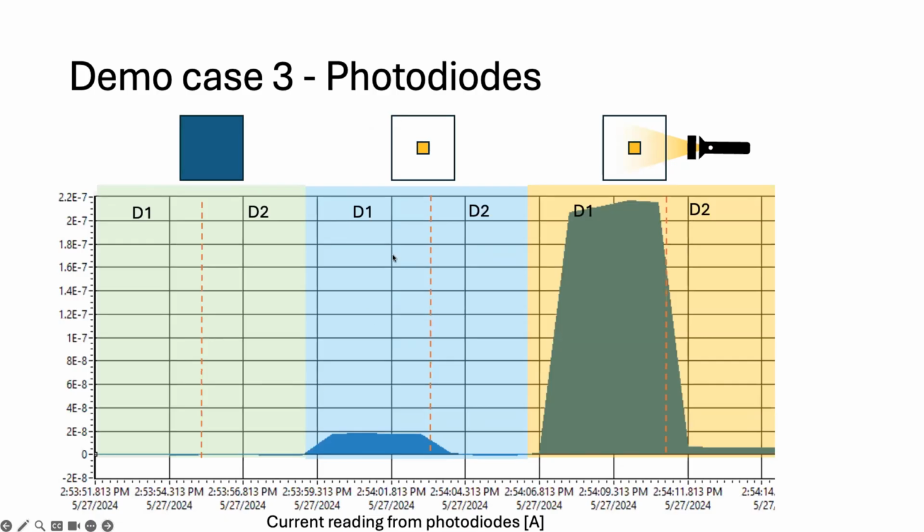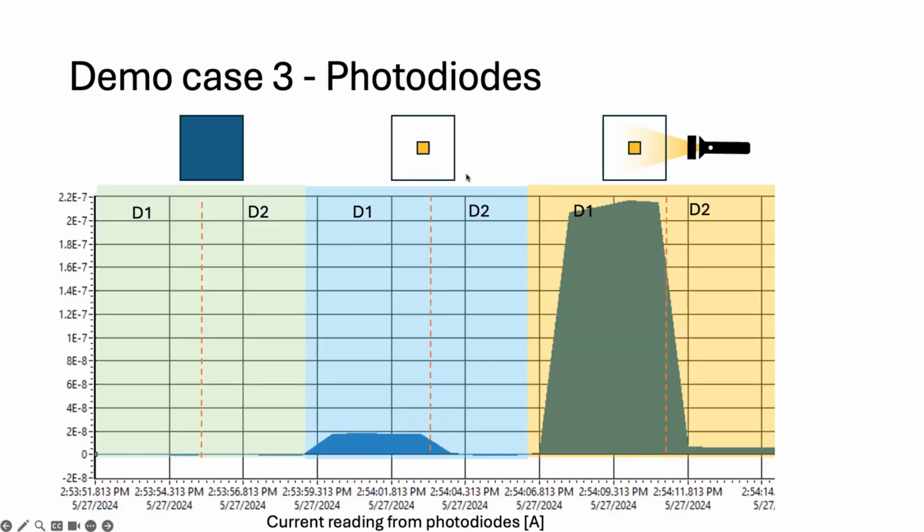Let's see the results. So here you can see the photocurrent reading from the 2 photodiodes. So when the lid is closed, then it is basically nothing. If you zoom in, you can see some noise in the femtoamp range. So there is nothing basically.